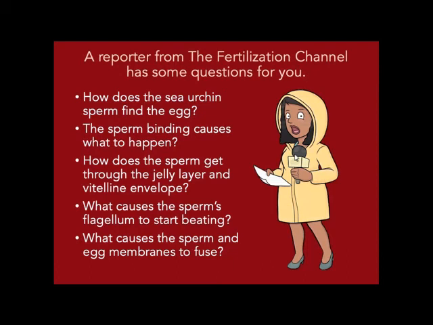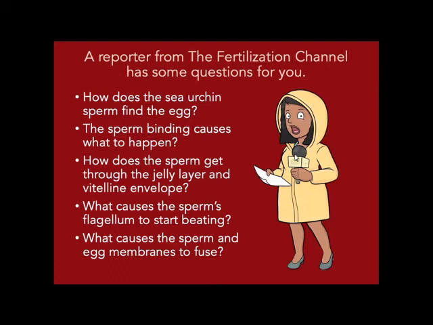So when the sperm binds, what happens? It releases the acrosome layer and, yeah, it causes the acrosome reaction, and then the acrosome digests the jelly a little. So how does the sperm get through the jelly layer and the vitelline envelope?